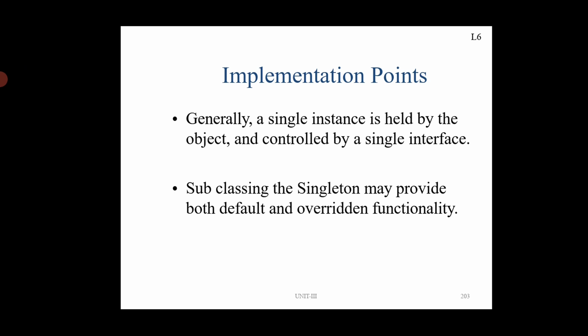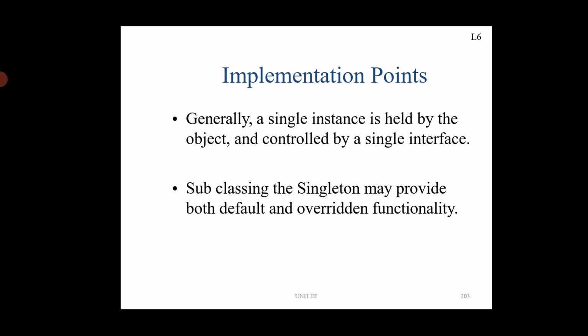And coming to the last design pattern very related to the singleton design pattern, that is prototype. With prototype, we need to create new objects by cloning or copying itself.